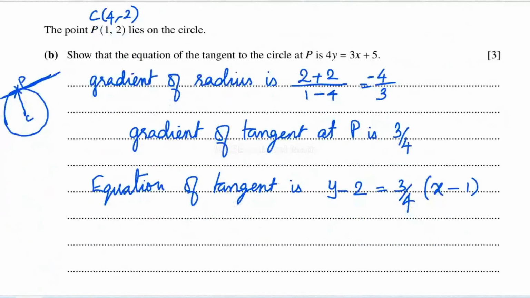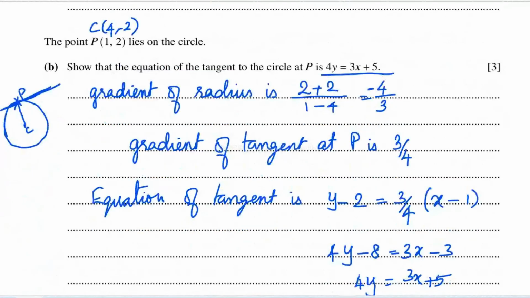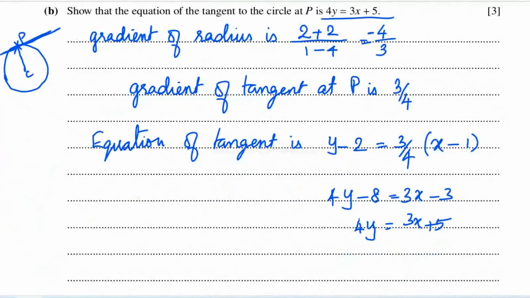So 4y minus 8 equal to 3x minus 3, or this can be written as 4y is equal to 3x, negative 3 plus 8 will be positive 5. So this is the equation of the tangent. So hence we proved that this is the equation of the tangent at the point P.